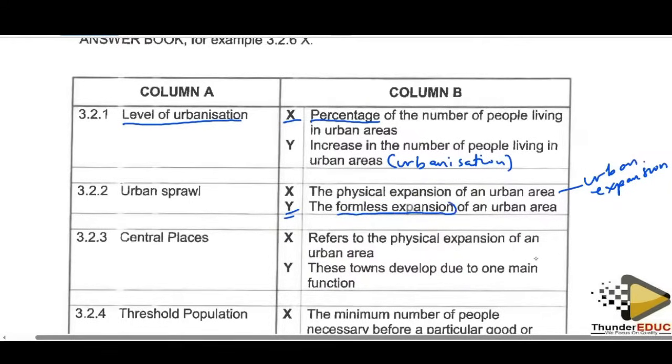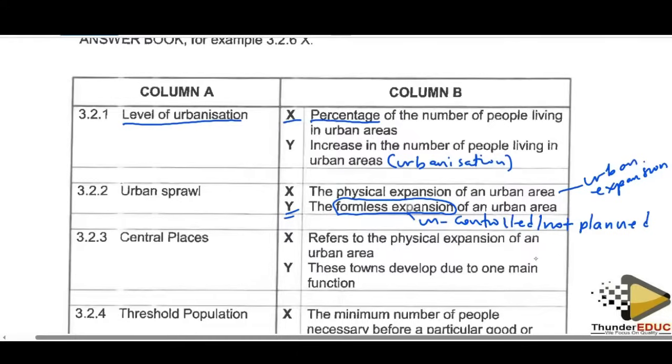It means in most cases, this is not planned, or you could as well refer to it as uncontrolled or not planned expansion of an urban area. You can find an informal settlement overnight where people have invaded an area. So we refer to that as urban sprawl.